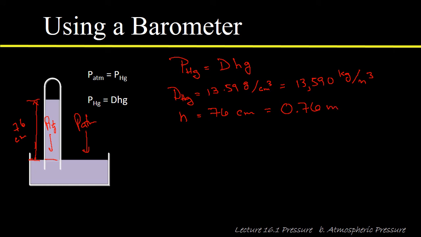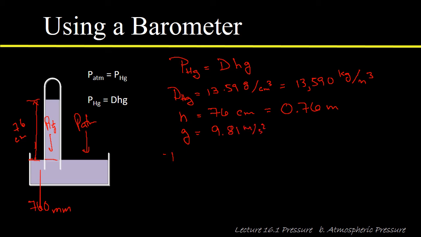I should point out that on barometers, this height is usually measured in millimeters. So if someone was looking at a barometer and reading it, they probably would say that the height was 760 millimeters. And g, of course, is still 9.81 meters per second squared.